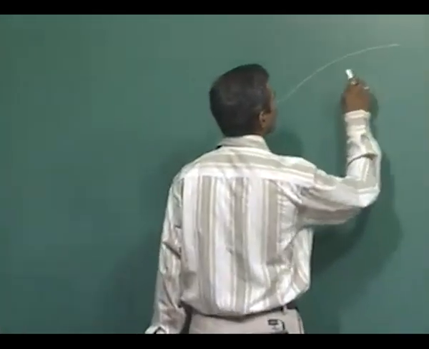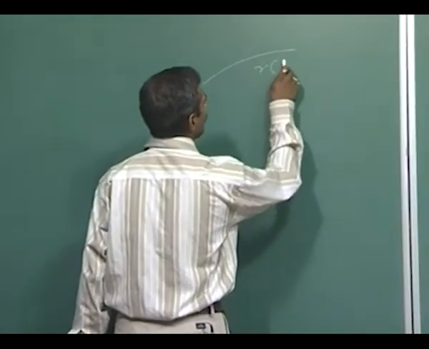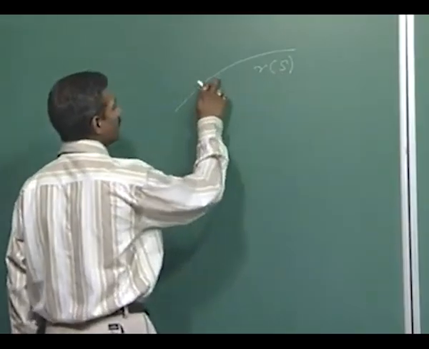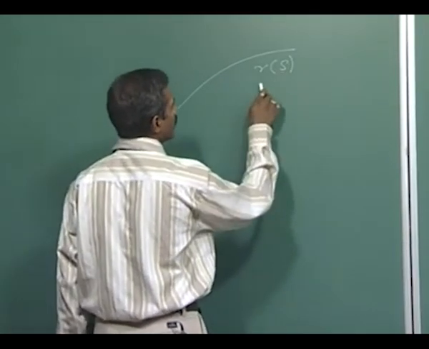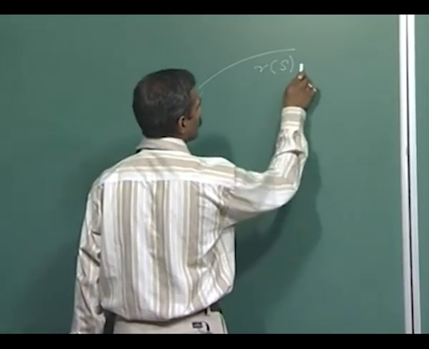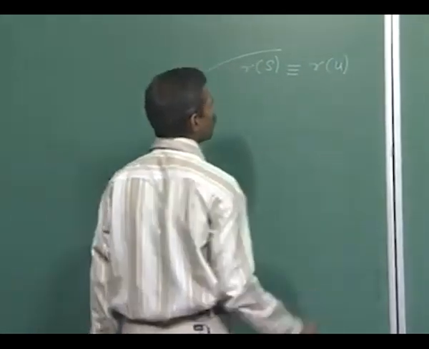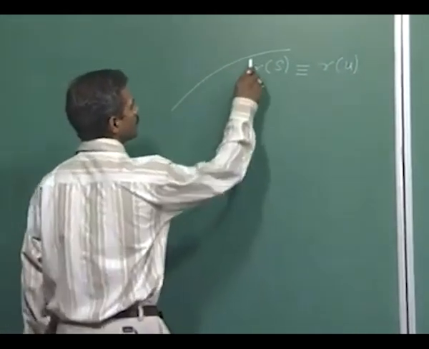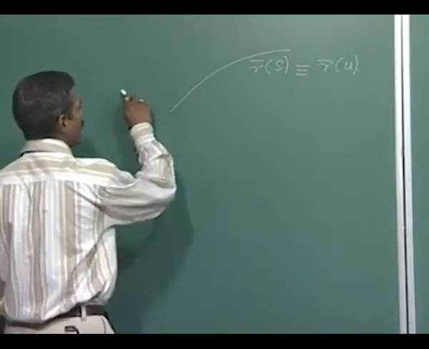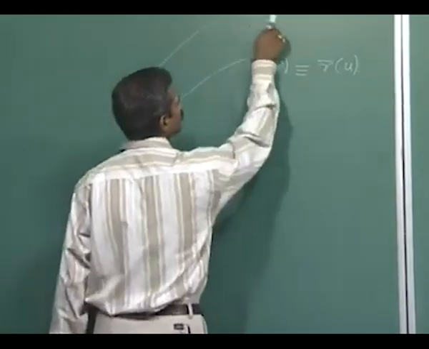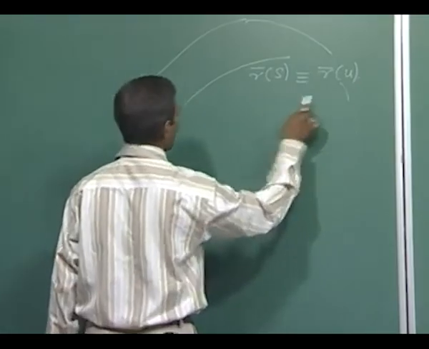Let's say we have this curve R as a function of the arc length parameter S. I can also write this as R as a function of another parameter U. This curve is lying over a surface patch that we are considering.